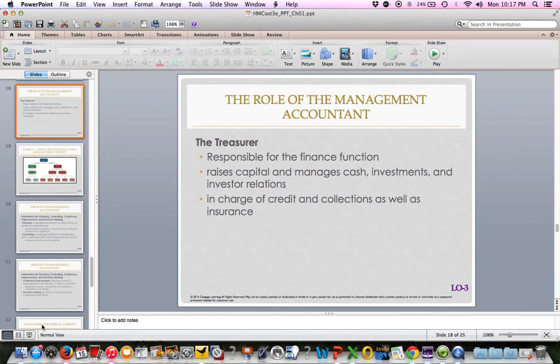If the company has bonds or stocks, typically the treasurer is overseeing that function, and also maintaining relationships with investors. And then quite often is also involved with credit decisions. What credit do we allow our customers? And then collecting on past due accounts or current accounts, and also making sure the company is insured.